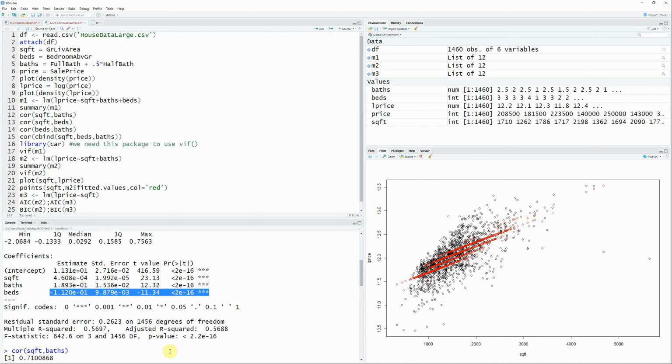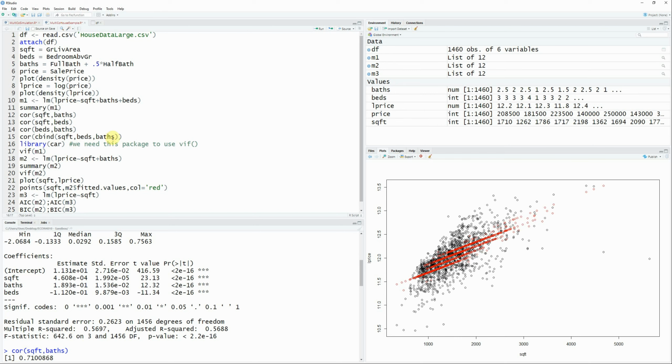In the case of the simulated data, everything was fine. We had high correlation coefficients and we had high VIF values. But in this case, we don't have either of them. We have relatively high correlation coefficients.